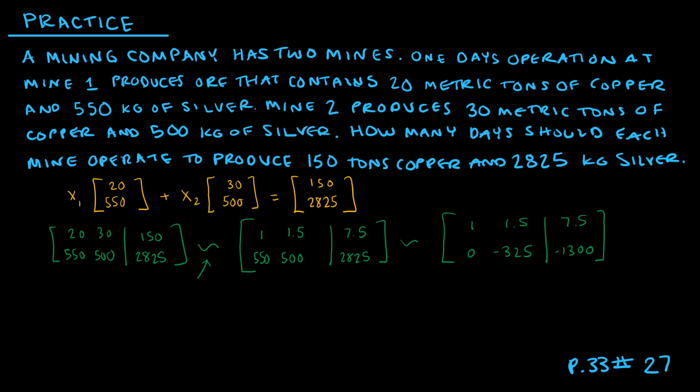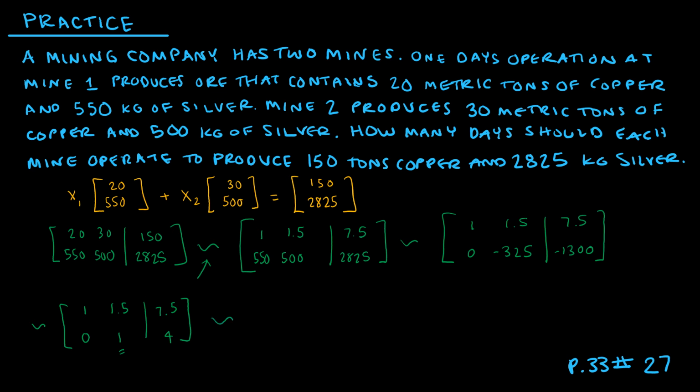So row 1's looking kind of good, but row 2's not quite there yet. Row 1's going to remain the same, and I'm going to take everything in row 2 times negative 1 over 325, which gives me 0 here, 1 here, and 4 here. Now I've got this pivot right where I want it, but above that I want a 0.